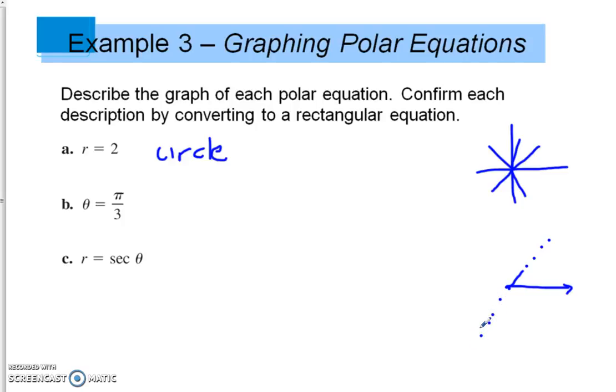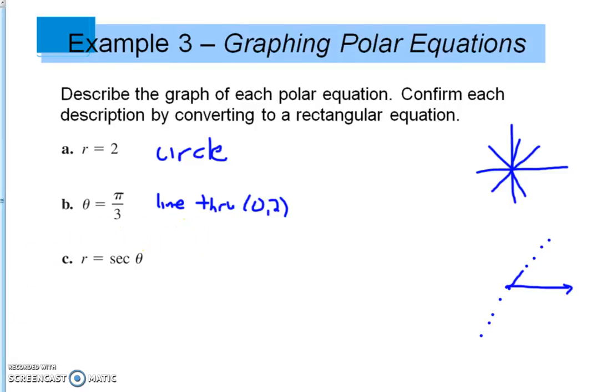So that is simply a line that passes through the point 0, 0, of course. And what's another point that would go through there? Well, if I know theta is pi over 3, we could consider any other point.